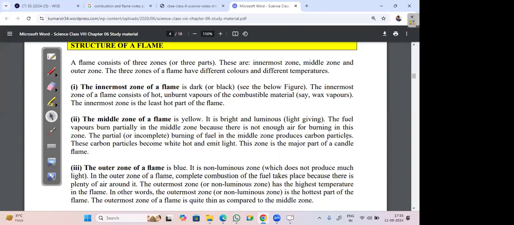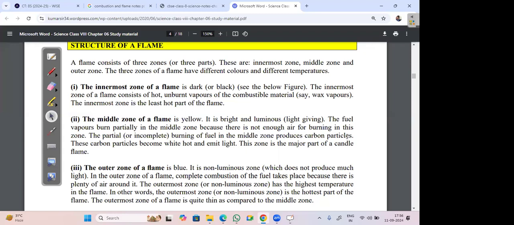Then you have the middle zone of the flame, which is yellow. The middle zone of the flame is the luminous part of the flame. That is the part which produces light.